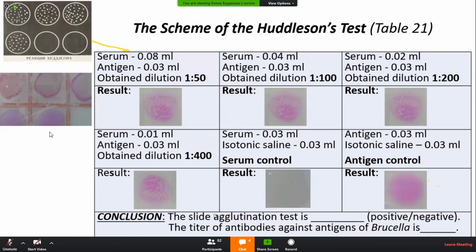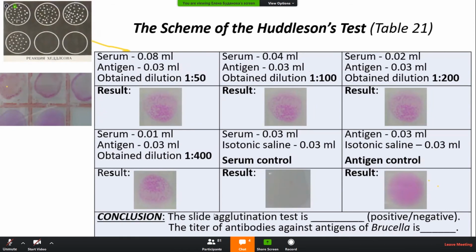What do we have? In the serum control, we can see transparent fluid, showing the absence of spontaneous agglutination. In the antigen control, we can see turbidity. We can see particulate antigen of Brucella diagnosticum. It is colored, pink in color.